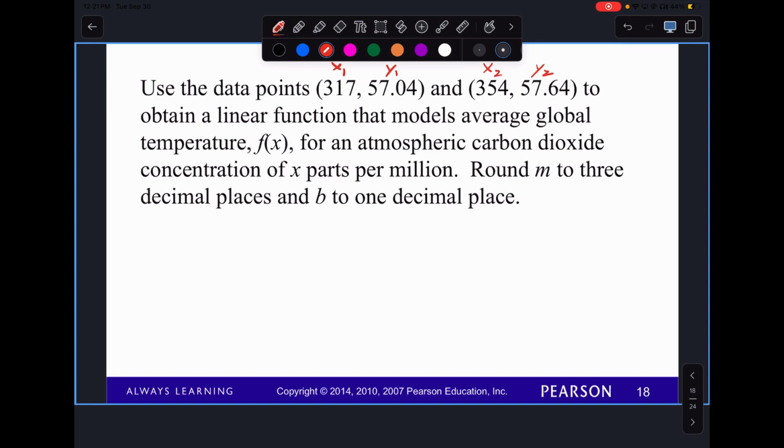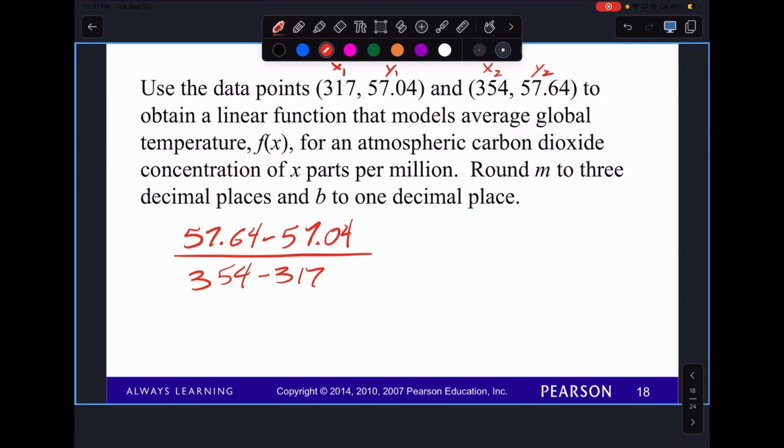So because the problem is a little bit more wordy and has more complicated numbers, do we change our strategy? No. We're going to do y2 minus y1. 57.64 minus 57.04 over 354 minus 317.